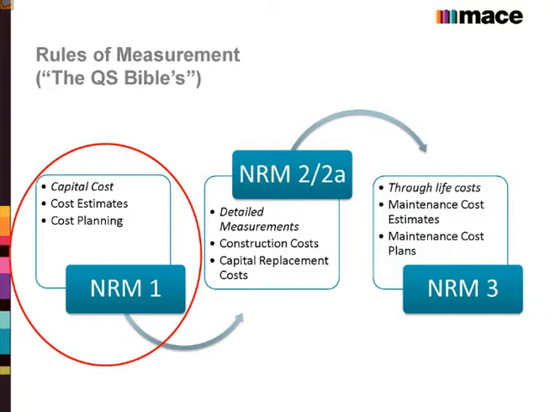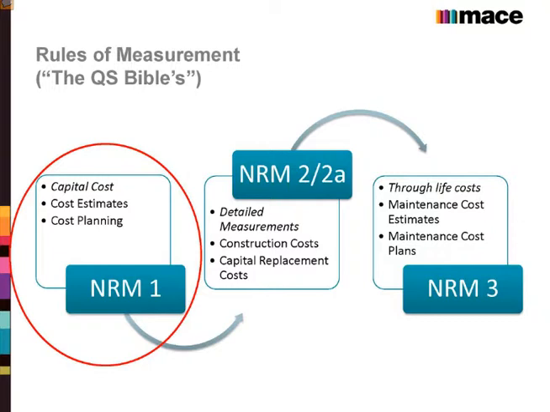When you do your feasibility studies, you stage up to stage D, your formal cost plan number 2, your pre-tender estimates. You then have your NRM2, which takes it to another level of detail, which is producing your bills of quantities, and NRM3, which deals with your capital and maintenance costs for facilities managers.